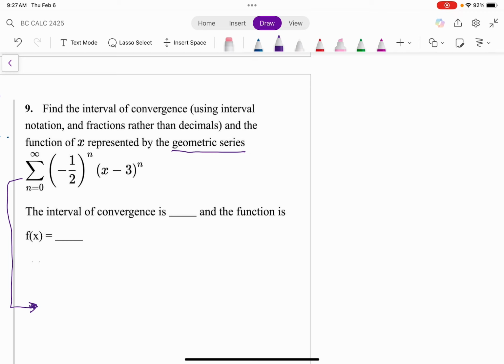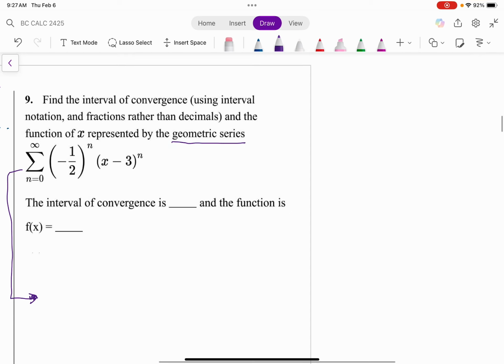So when n is 0, notice I get a 1, right? Because I get negative 1/2 to the 0, so I get a 1. And when n is 1, I get negative 1/2 (x minus 3).